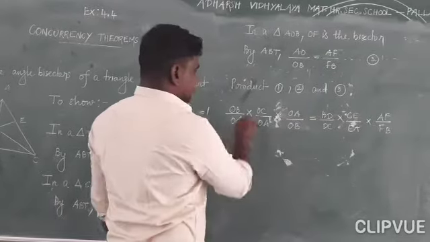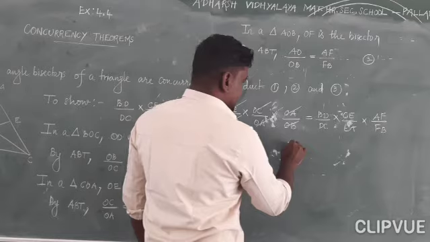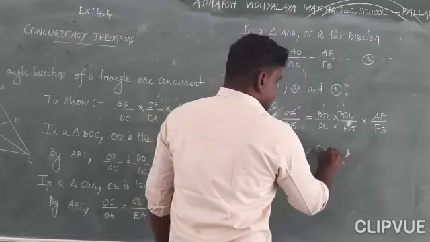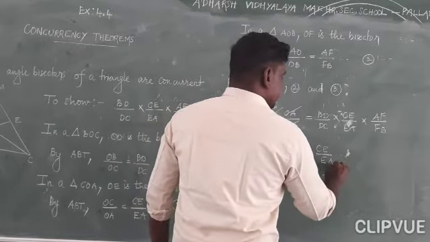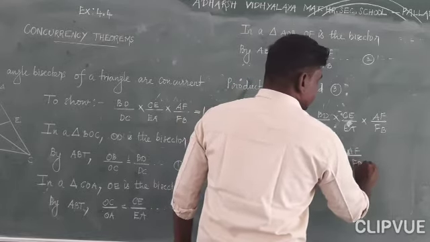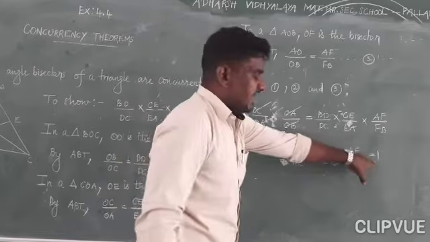If you cancel OB, OB, OA, OA, OC, OC, what do we get? BD by DC into CE by EA into AF by FB, which is equal to 1. If you cancel this, you get the value 1.